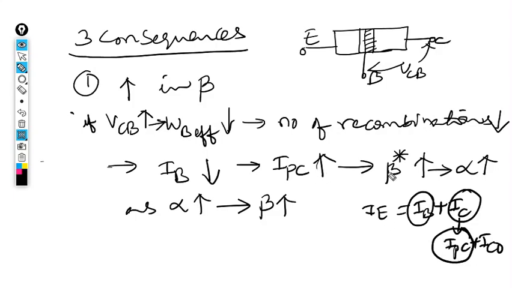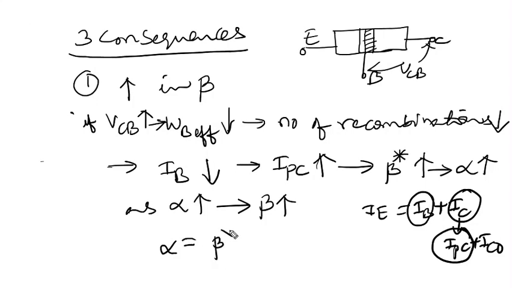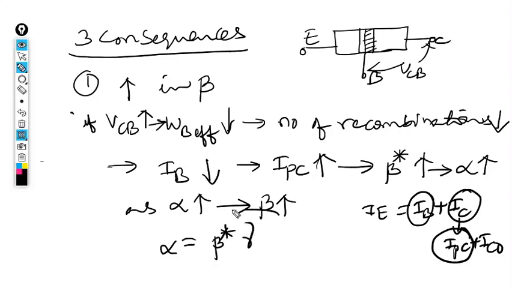As IPC increases, the transport factor increases. As the transport factor increases, alpha increases. How can we say alpha increases due to the increment in beta star? Since alpha equals beta star times gamma, as beta star increases, alpha also increases. As alpha increases, beta increases. So that is the first consequence of base width modulation.